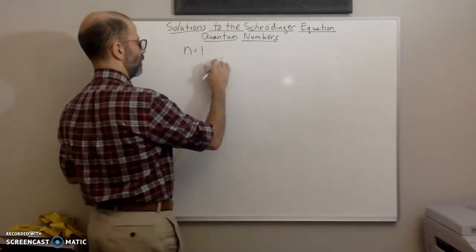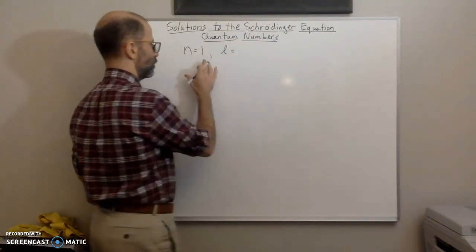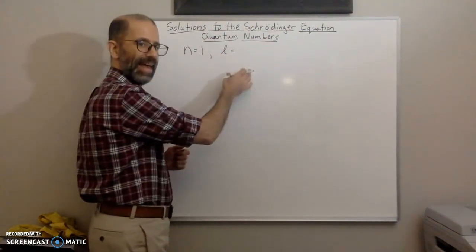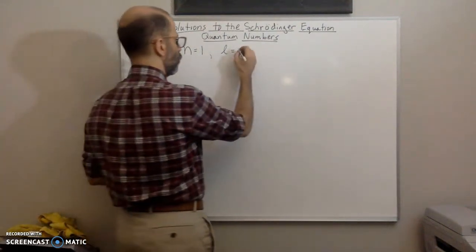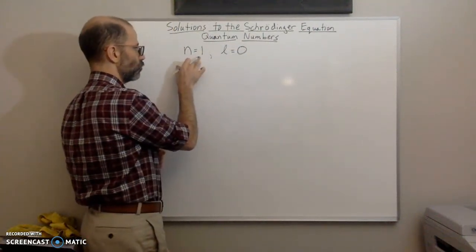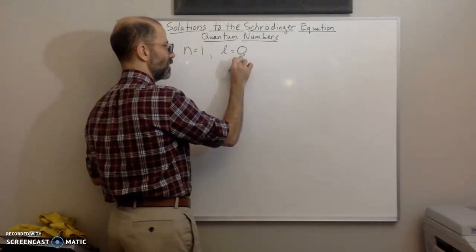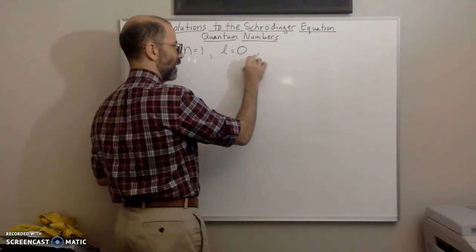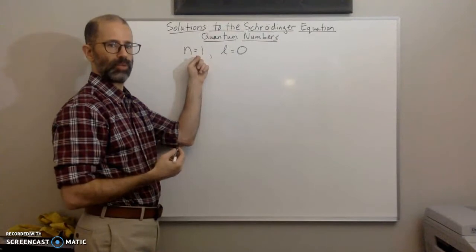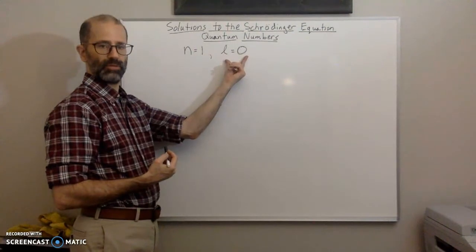Well, if n equals 1, then your L values are integers from 0 to n minus 1. What is n minus 1 if your n value is 1? 1 minus 1 is 0. So 0 is the only L value.